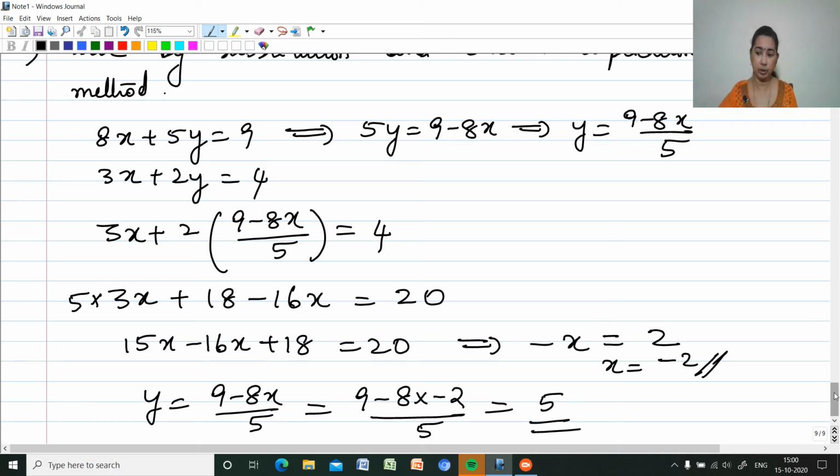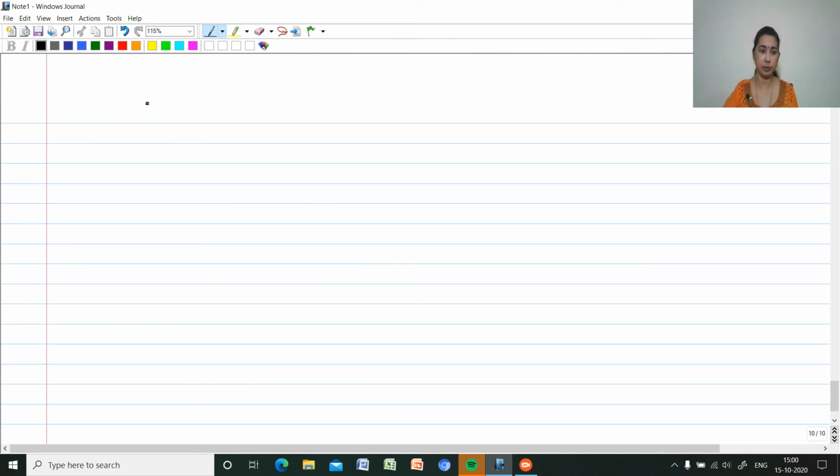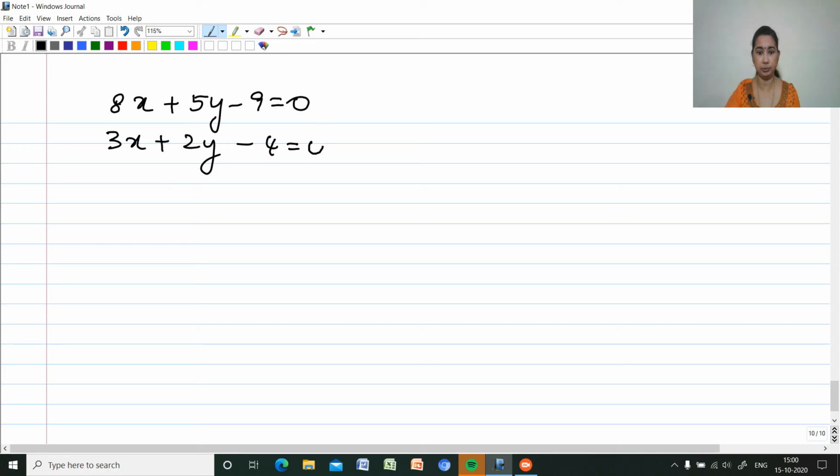Now we will move on to the cross multiplication method for the same question. Question again, that is 8x plus 5y minus 9 equal to 0, and second one is 3x plus 2y minus 4 equal to 0. So using cross multiplication method means what we have to do is take coefficients of y, that is 5, 2, minus 9, 4, 8, 3, again 5, 2.